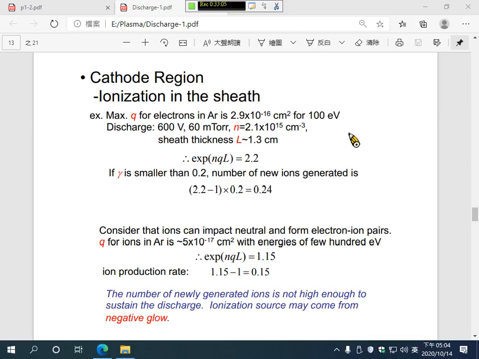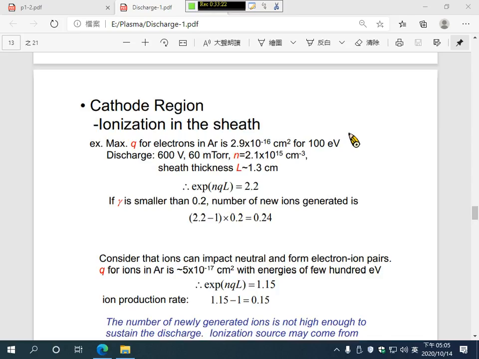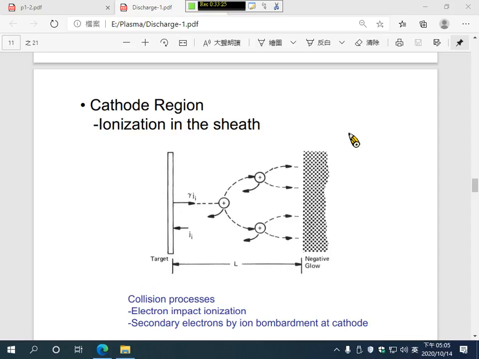So Chapman, in his book, in this chapter, suggests the major ionization sources may come from the negative glow. Actually, inside the cathode layer, the collisional process cannot provide enough electron and ion pairs.